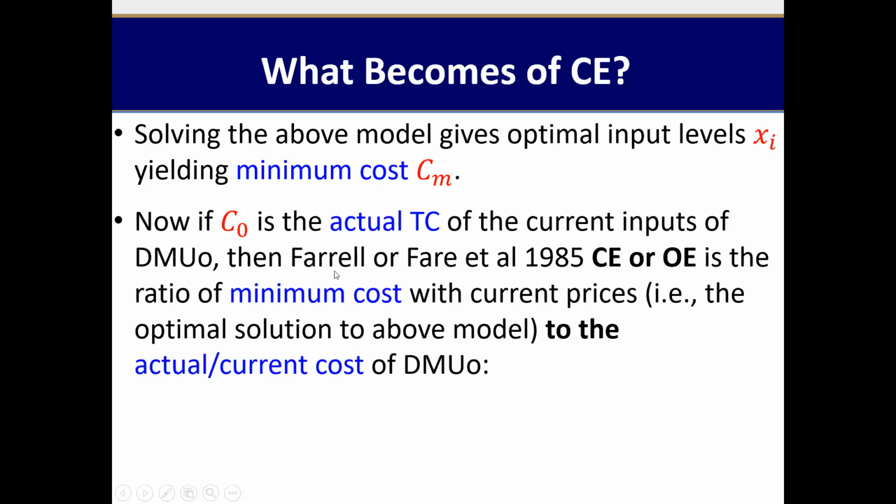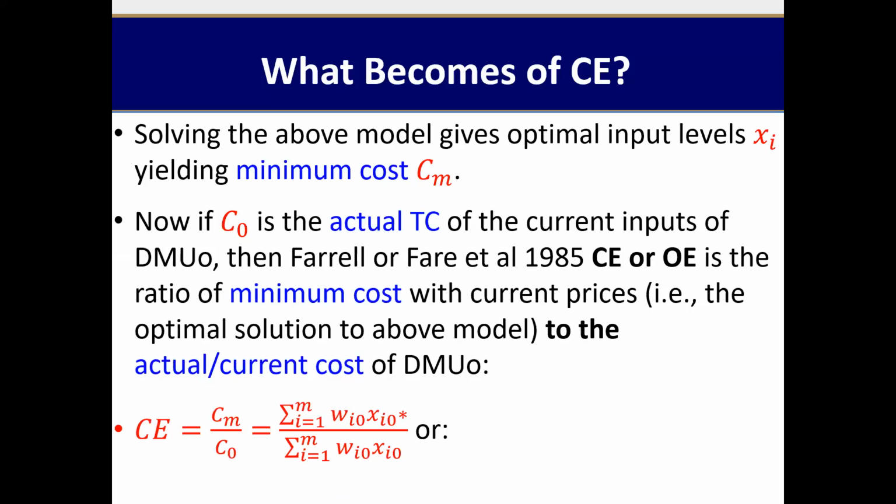Once you have the actual cost, then Farrell, or in this case, FAIR, remember I told you that Farrell will call it cost efficiency, FAIR will call it overall efficiency. So the cost efficiency can now be calculated as the minimum cost, which is the CM on the top here, divided by the actual cost. So it will be CM divided by C0. This is what you have here. CM divided by C0.